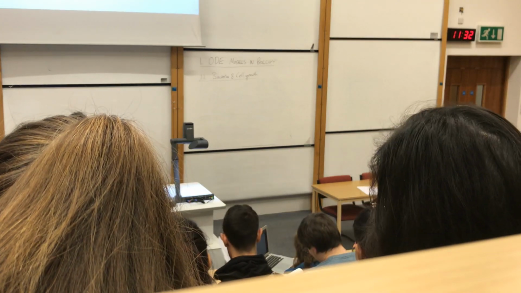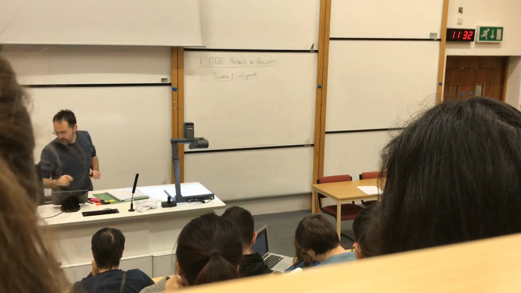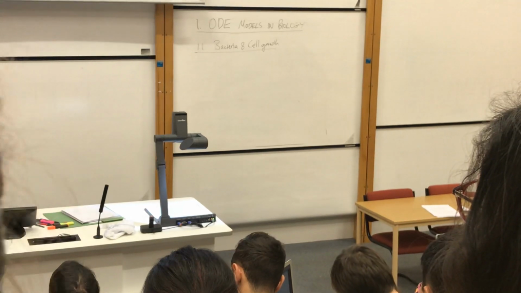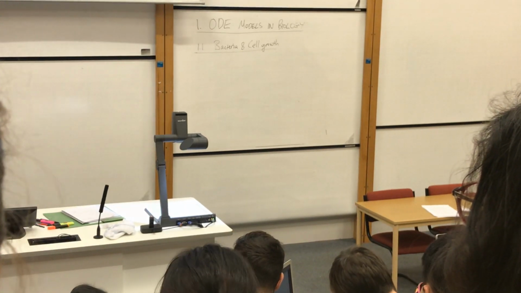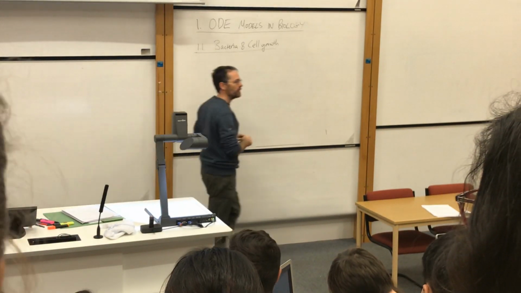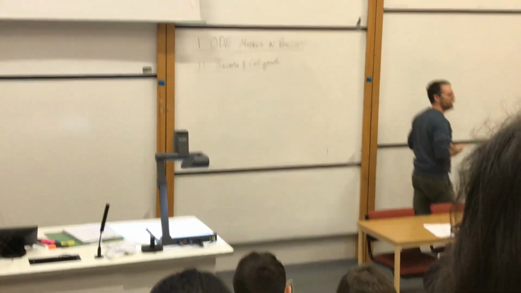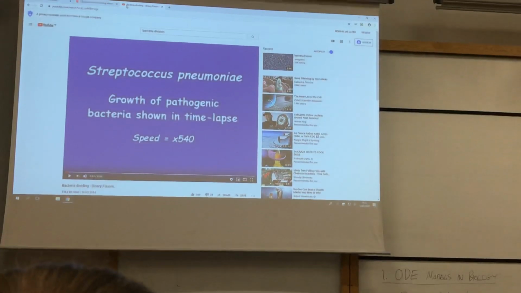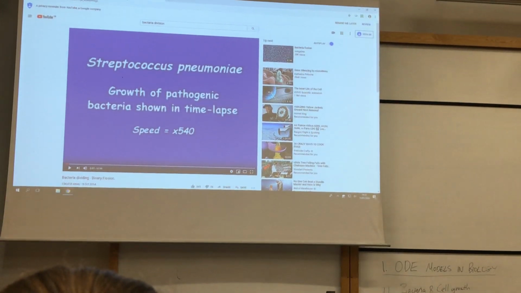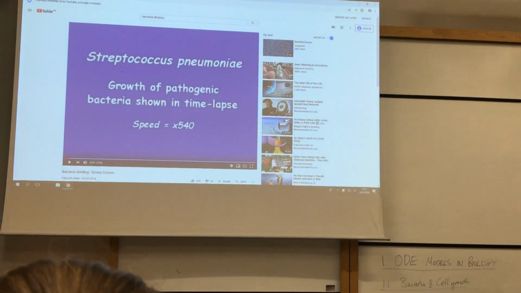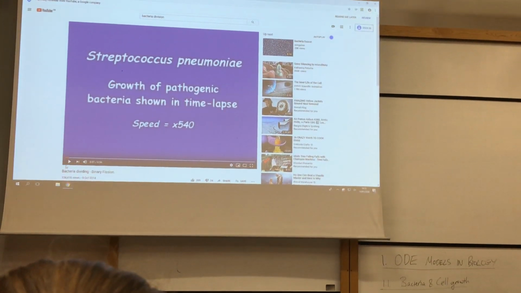I probably don't have to tell you that cell growth is absolutely fundamental, and understanding it is massively important in a lot of different contexts. That can range from bacteria cells.